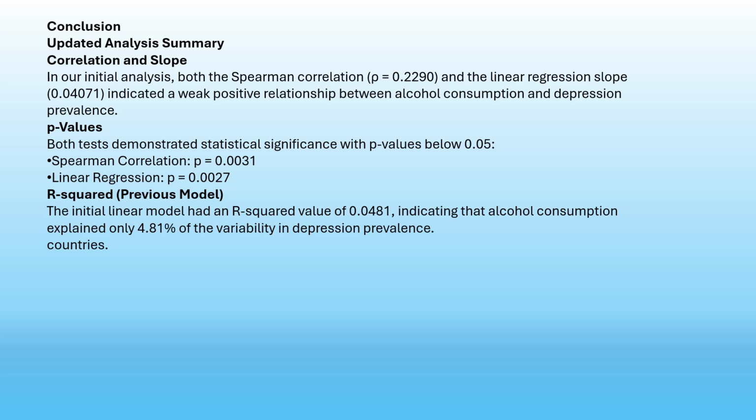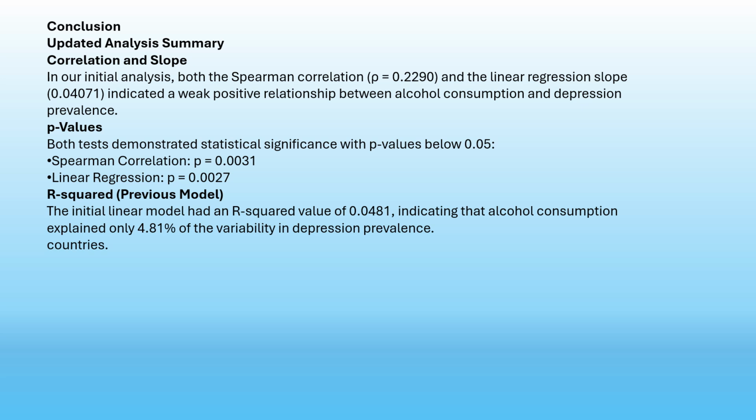So our updated analysis summary. In our initial analysis, both the Spearman correlation, because I did Spearman correlation there too, our rho was 0.2290, also indicating a weak relationship between alcohol and depression prevalence then. And then our linear regression slope of 0.04 also indicated a weak positive relationship.